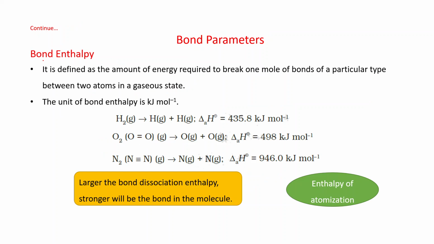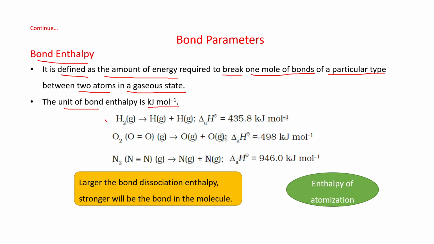Next bond parameter is bond enthalpy. It is defined as the amount of energy required to break 1 mole of bonds of a particular type between two atoms in a gaseous state. The unit of bond enthalpy is kilojoule per mole.